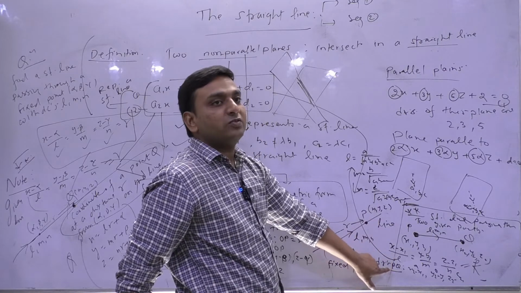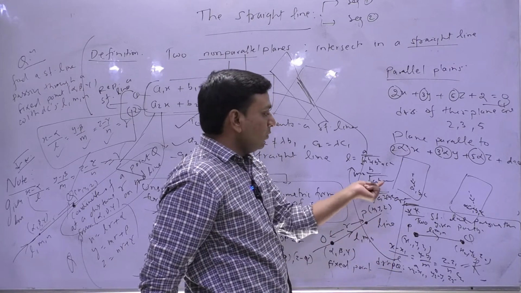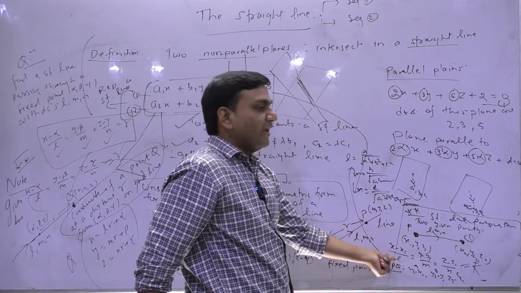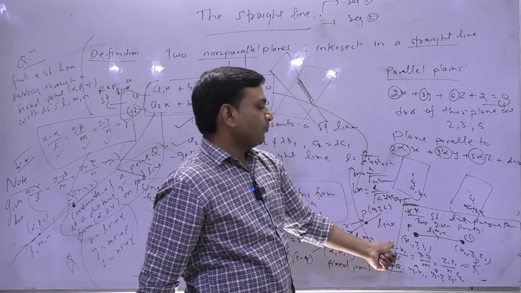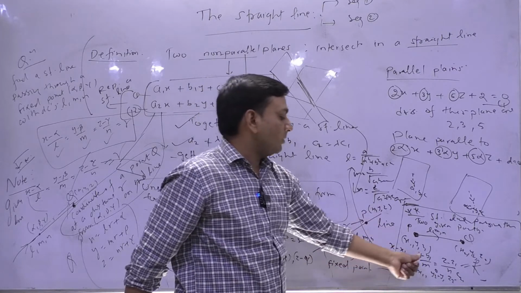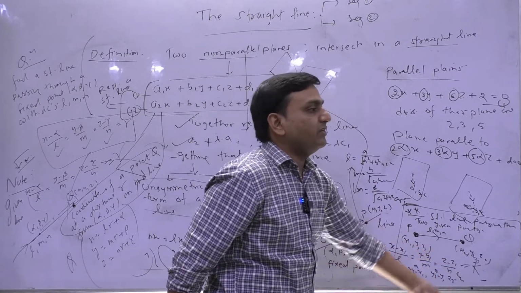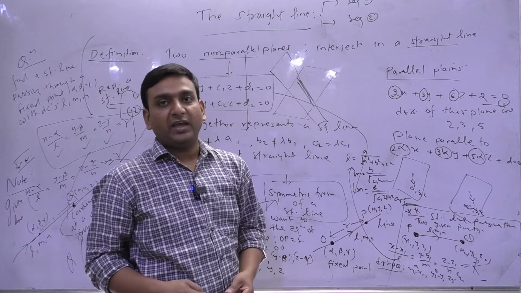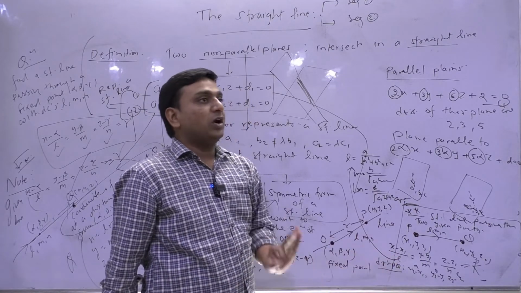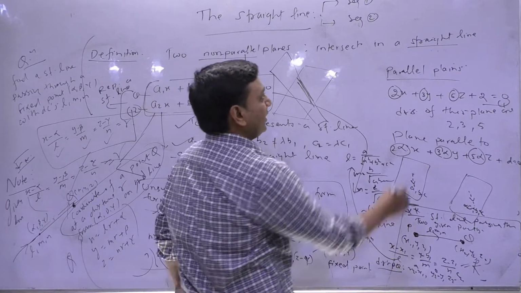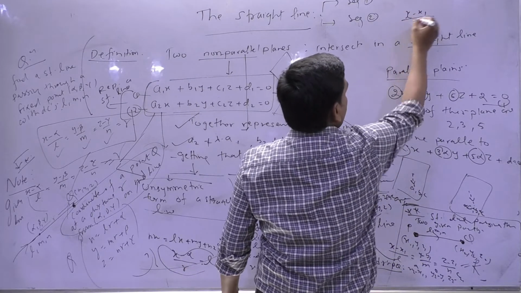If I multiply the square root in the denominator, it will be gone. Ultimately I can write (x minus x1)/A, (y minus y1)/B, (z minus z1)/C equals some arbitrary constant K. That is called the equation of a straight line passing through two points.